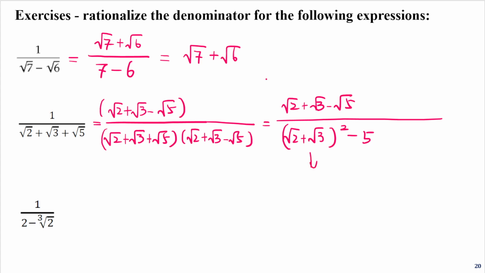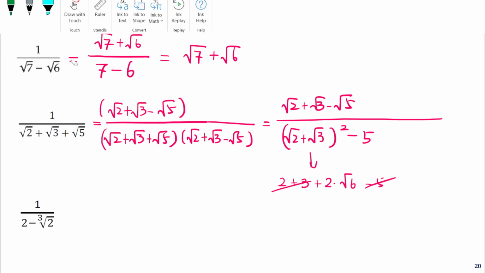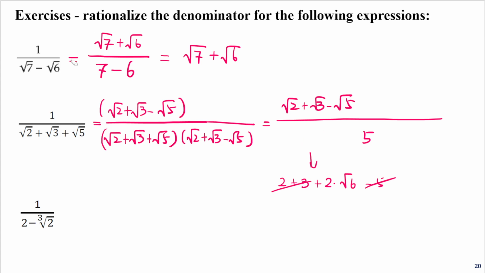And if you expand it, this is actually 2 plus 3, then plus 2 times square root 6, right? Then minus 5. We'll cancel this number here. So that's just 2 square root 6.